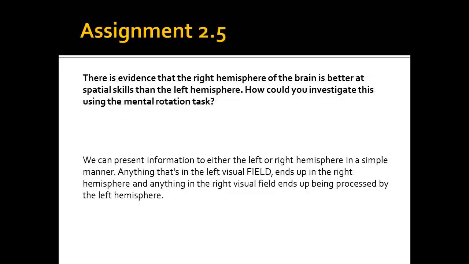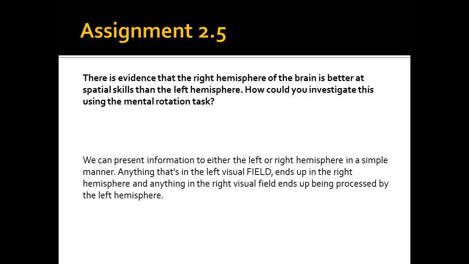Assignment 2.5 asks, there's evidence that the right hemisphere of the brain is better at spatial skills than the left hemisphere. Now, how could you investigate this using the mental rotation task? So we're asked to design an experiment that can test the hypothesis that the right hemisphere is better at processing spatial information than the left hemisphere, using some kind of mental rotation task.